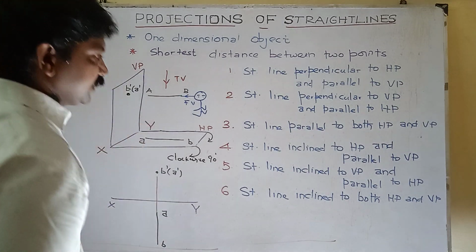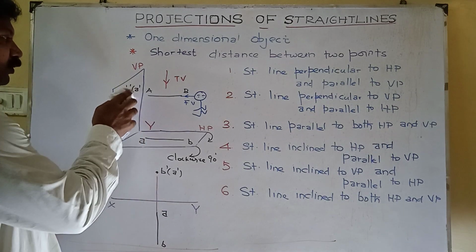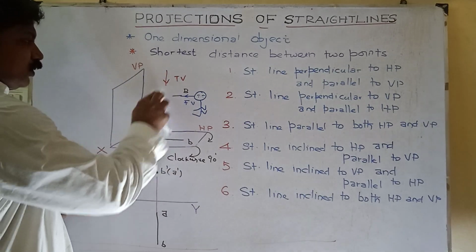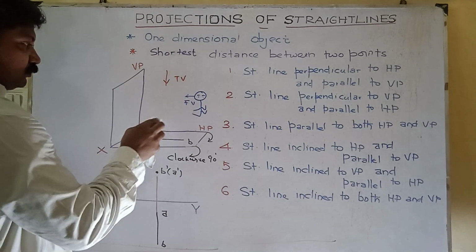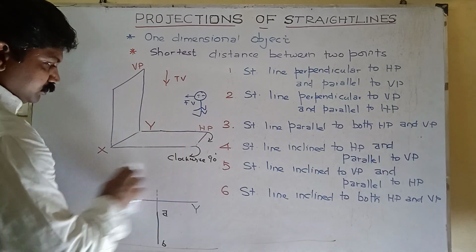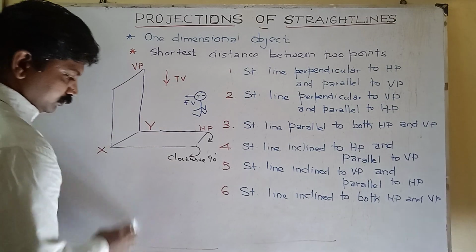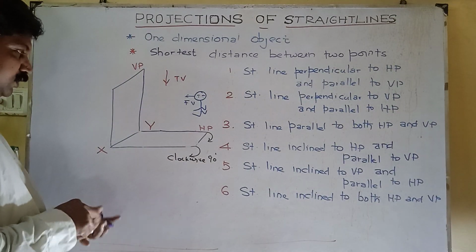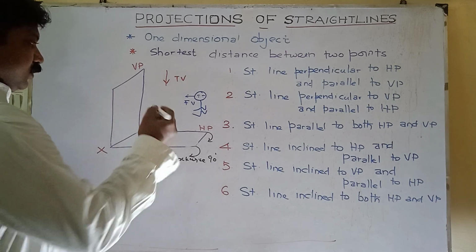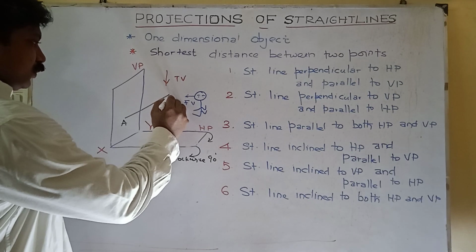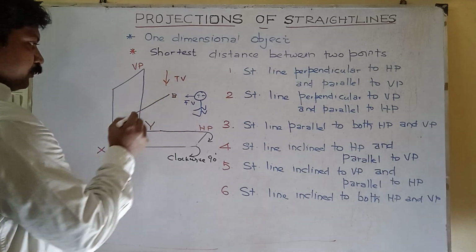Now we will move to the third position. Straight line parallel to both HP and VP. So AB, straight line AB parallel to both HP and VP.